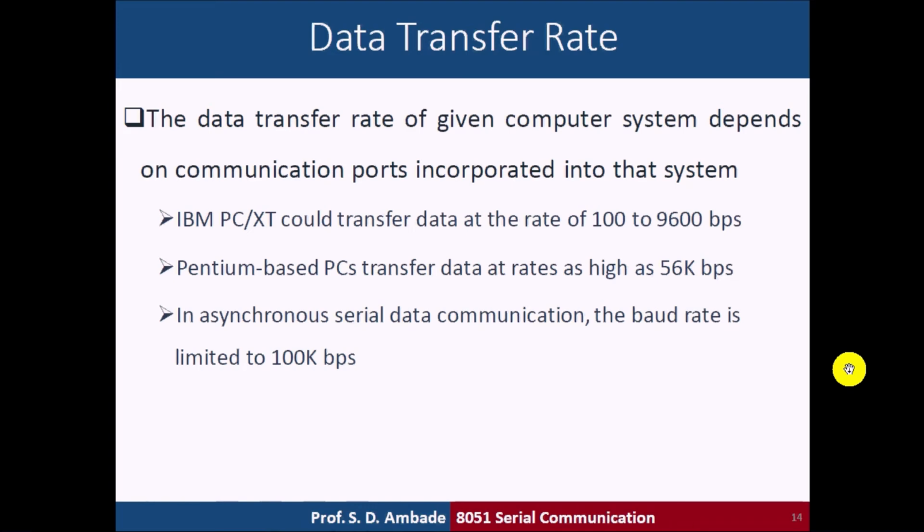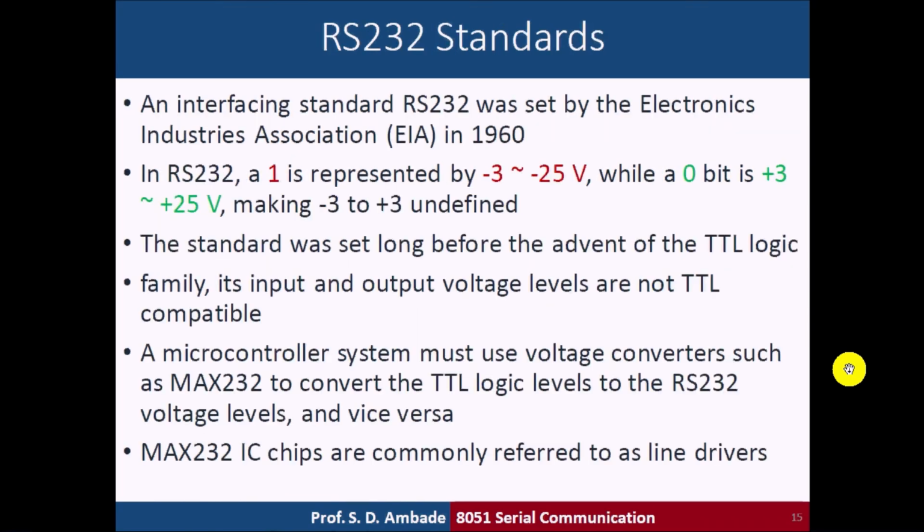In asynchronous serial data communication, the baud rate is limited to 100 kbps. Look, friends, in the case of 8051 we are using asynchronous serial communication, UART, Universal Asynchronous Receiver Transmitter protocol. So in asynchronous serial data communication, the baud rate is limited to 100 kilobits per second. There are some standards.